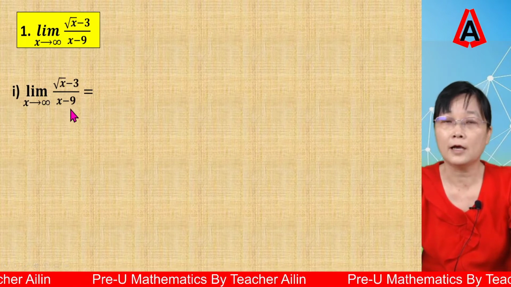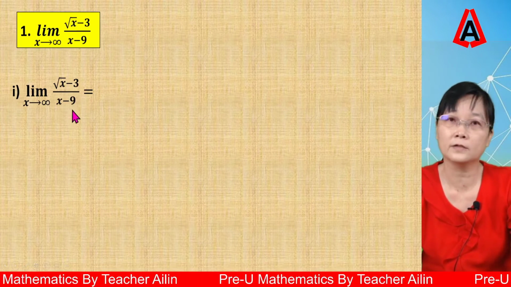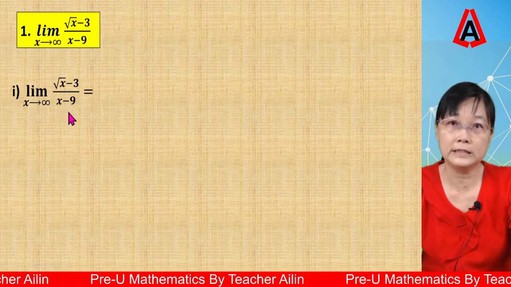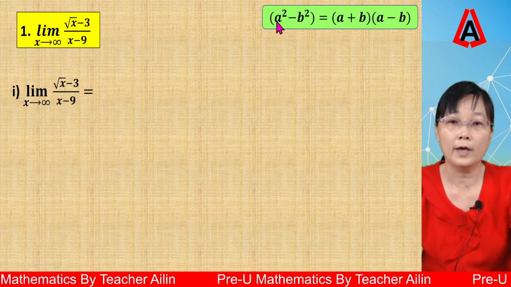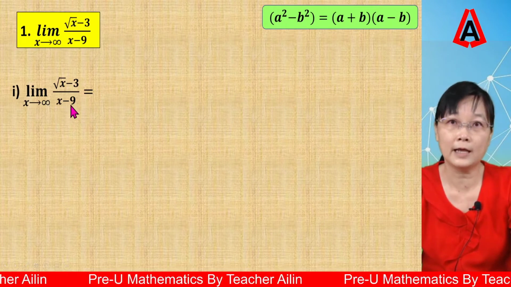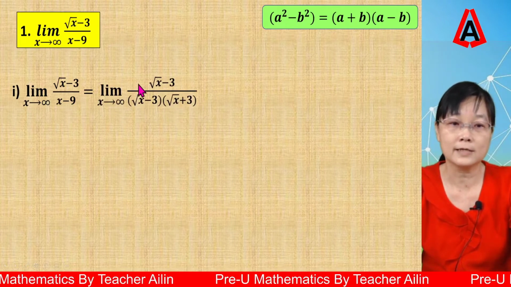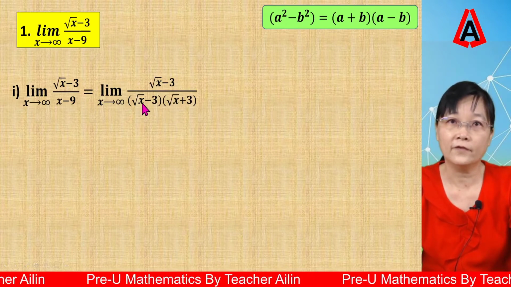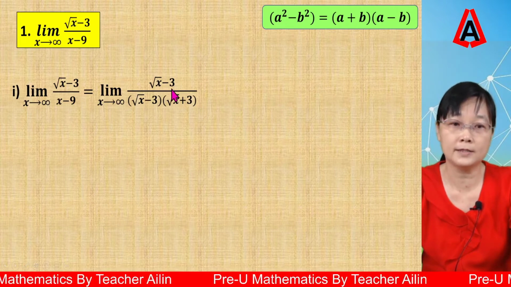Now actually there are many methods that can be used to find the limit of this function. For the first method, I'm going to factorize the denominator by using this formula, where a squared is x and b squared is 9. So when I factorize the denominator, I'll get something like this. Notice that one of the factors can be cancelled off, that is square root of x minus 3.